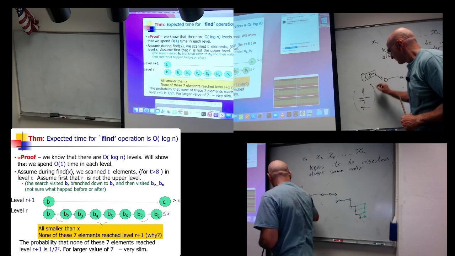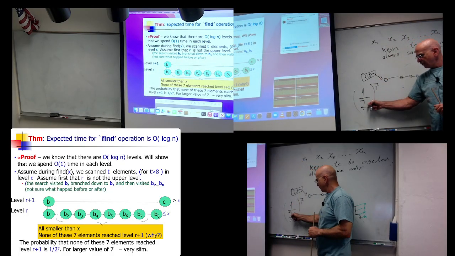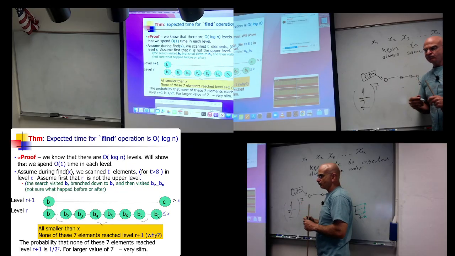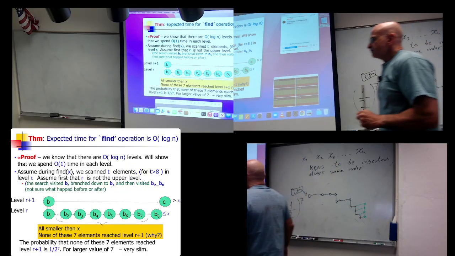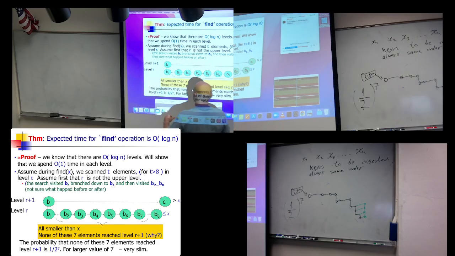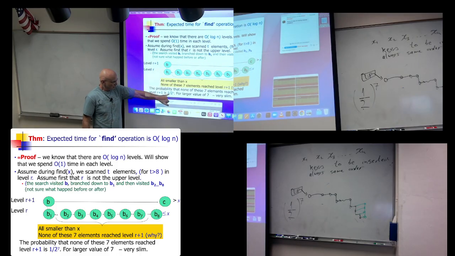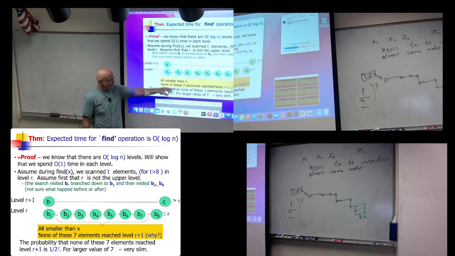The chance that it happens 7 times would be, of course, half to the power 7. One over 2 to the 7. That's the chance that you, during the find, you'll have to visit 7 elements.